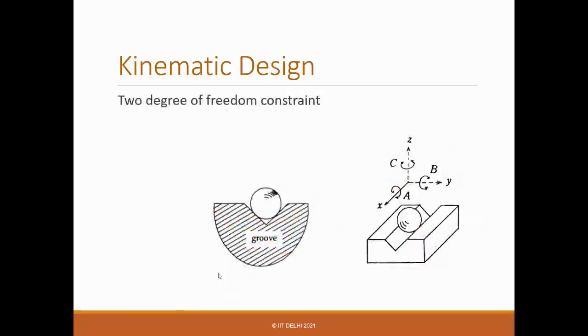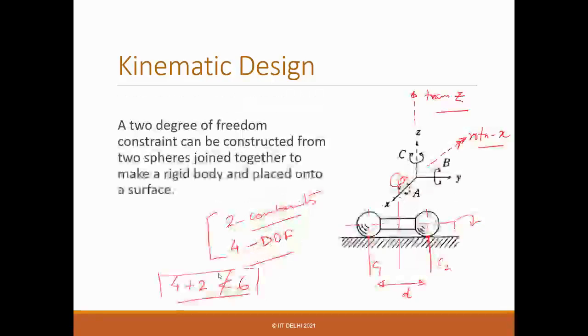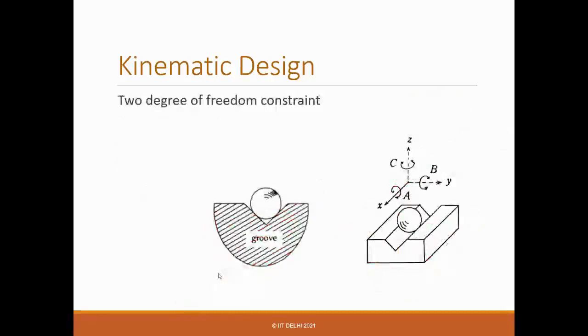So what happens? Here you are just putting a dumbbell on a flat surface and making 2 contacts. Now you just assume a spherical ball, and you put it on a V groove. So I have many examples here, like earlier, I was explaining some of the designs. So ball on a V, right?